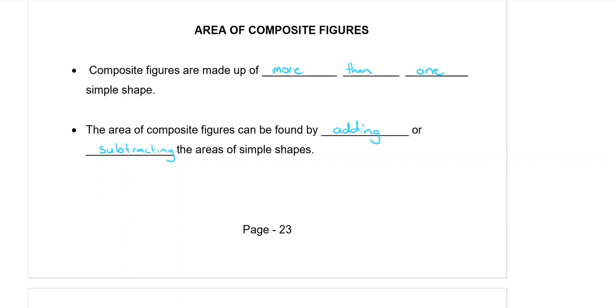What you do is, if you have two shapes next to each other, so say you have a little rectangle across here, and then you have a triangle next to it, then you would need to add those two shapes together to find the area.